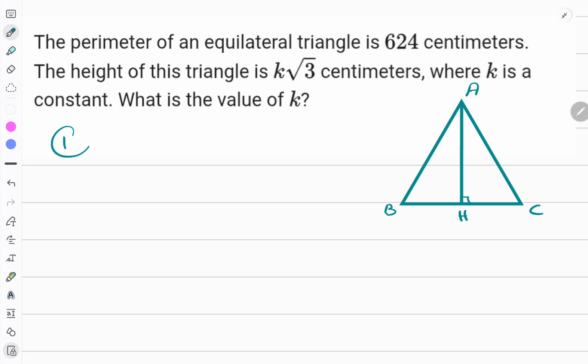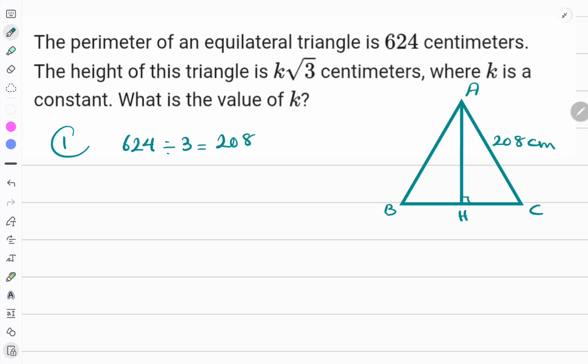We know that in any equilateral triangle, we have three equal sides, and in order to find AC, BC, or AB, we just need to divide 624 by 3, and the length of each side is 208 centimeters.